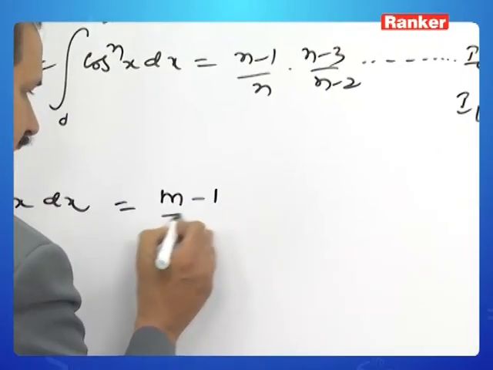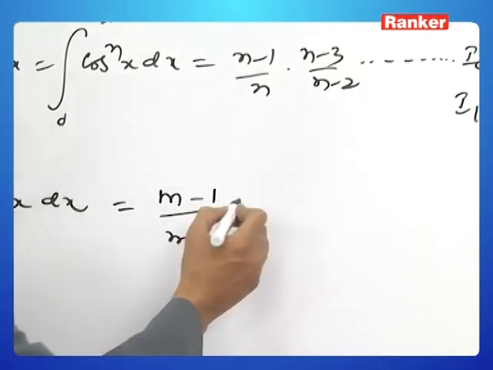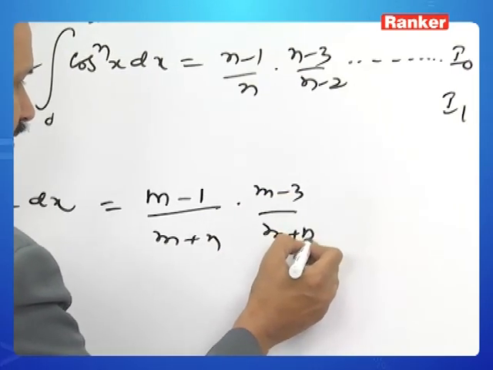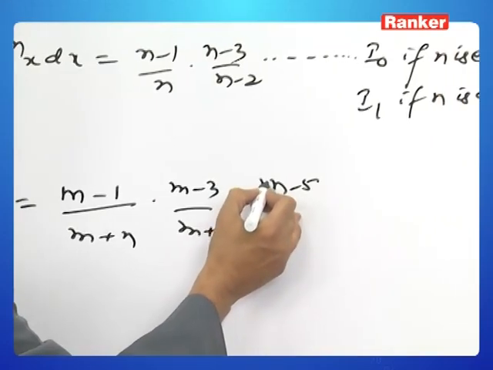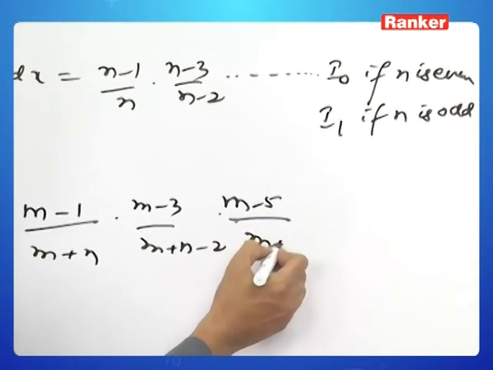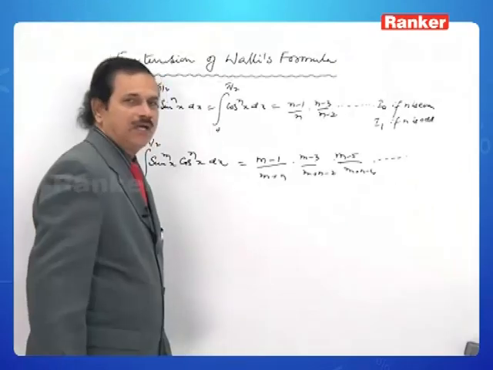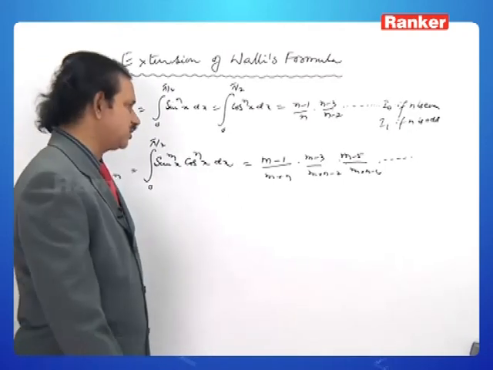Okay, start by the very first expression. The factor is (m minus 1)/(m plus n). Decrease by 2, (m minus 3)/(m plus n minus 2). Then (m minus 5)/(m plus n minus 4), and so on. Again, two cases will now arise. What are the two cases?